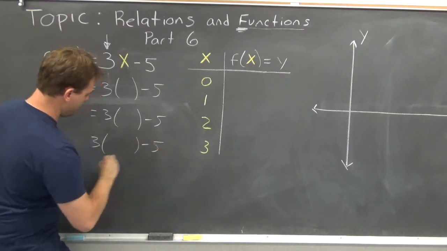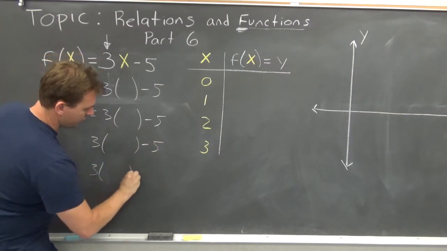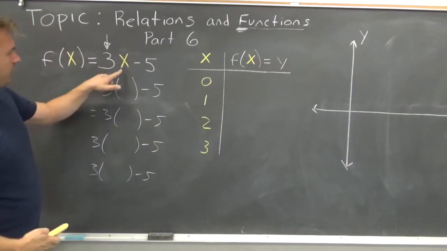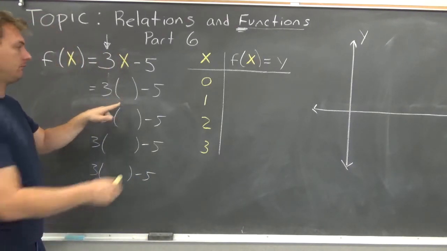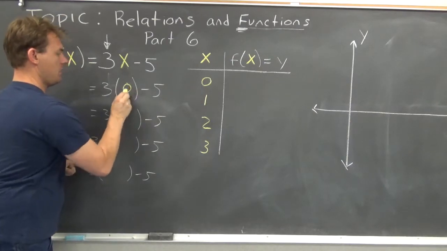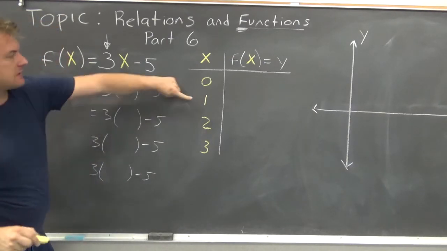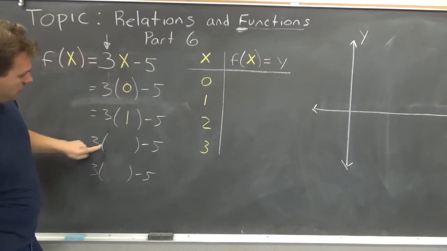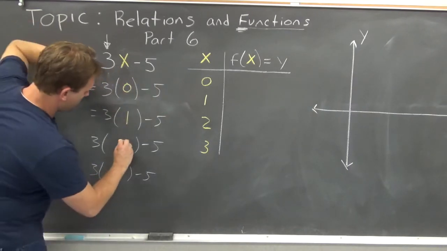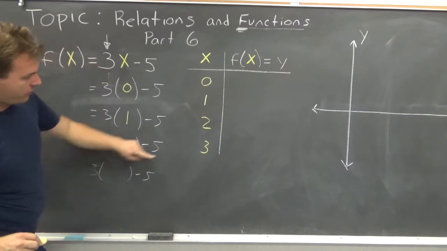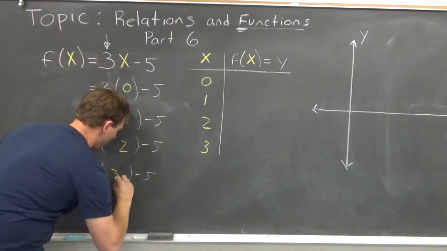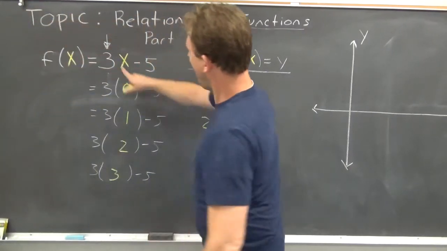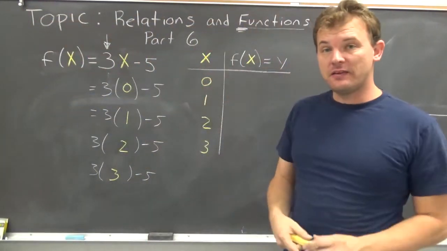I'm just writing this down for visual people. You don't have to do this later on. What do we put in for our first input? 0, right? Next, our second input? 1, right? What about our third? 2. What about our fourth? 3. And you see how the -5 and the 3 are still always going to be there?